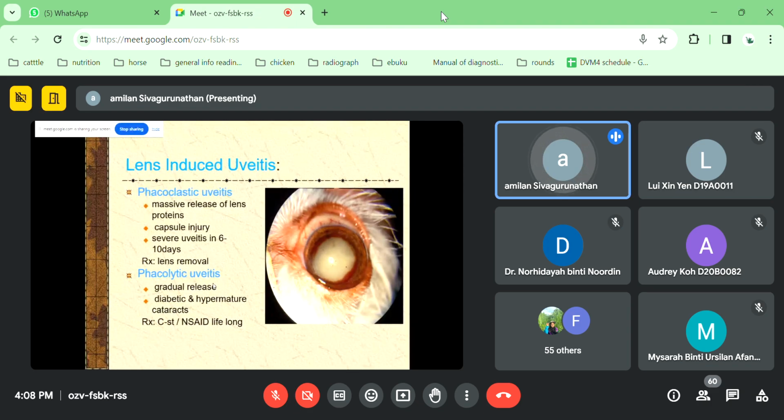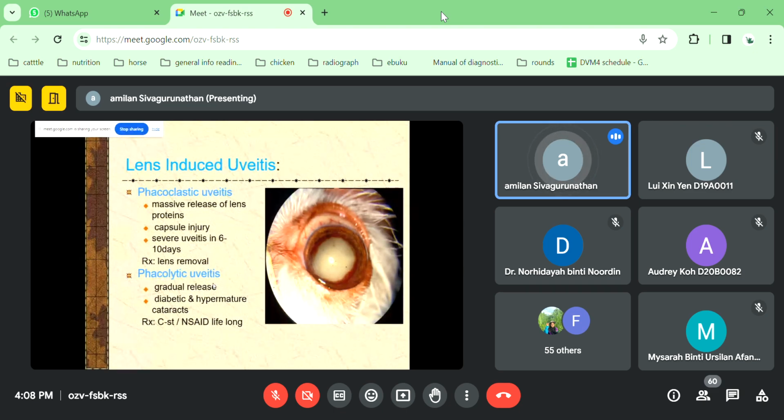Now, in the event that a pet develops a cataract and the cataract is not addressed on time, there's a condition called lens-induced uveitis, and this is when the lens cataract starts leaking out massive amounts of protein into the eye that is trying to be inert beyond the blood ocular barrier.